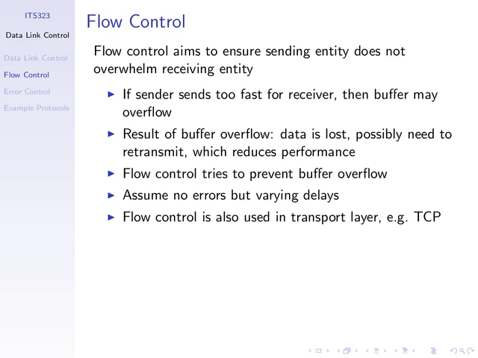So if the sender sends too fast for the receiver, we get an overflow of the buffer at the receiver. The result is that we lose data. That's a bad thing because we may need to retransmit, or we may need some other way to recover from those errors, and that reduces performance because we waste time retransmitting when we'd prefer to spend it transmitting the real data. So flow control tries to prevent this buffer overflow at the receiver.